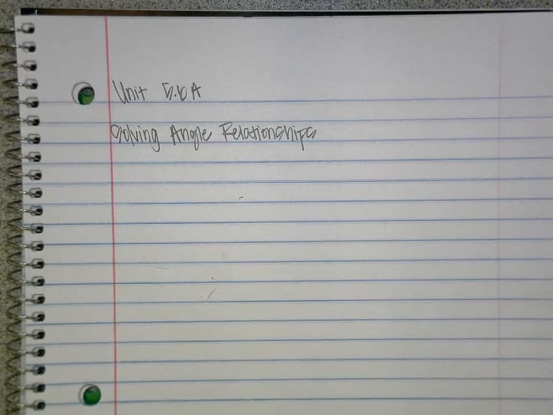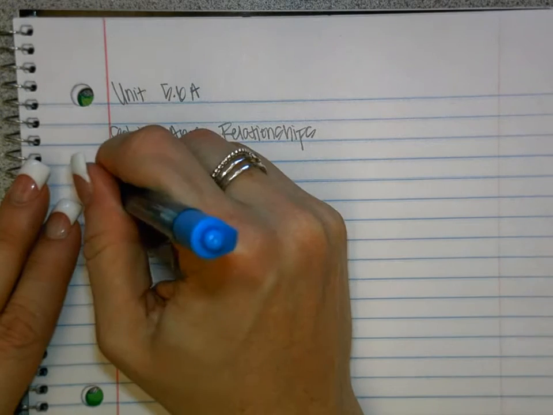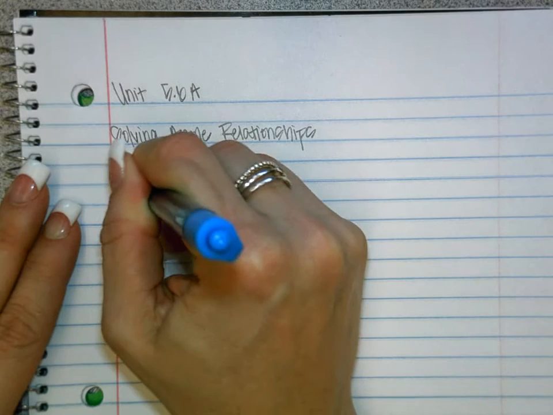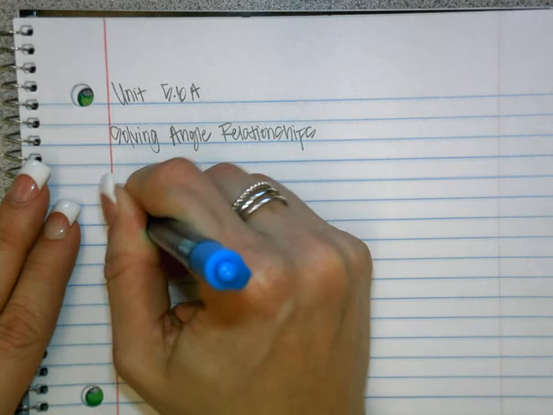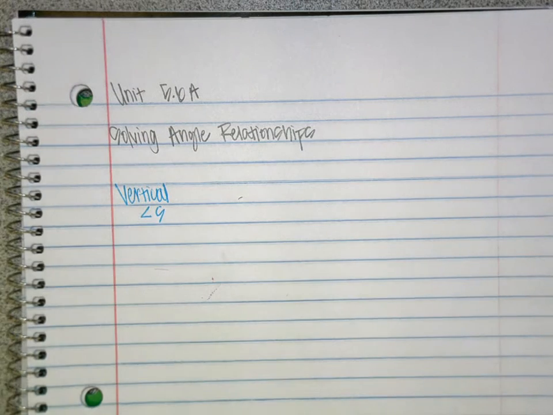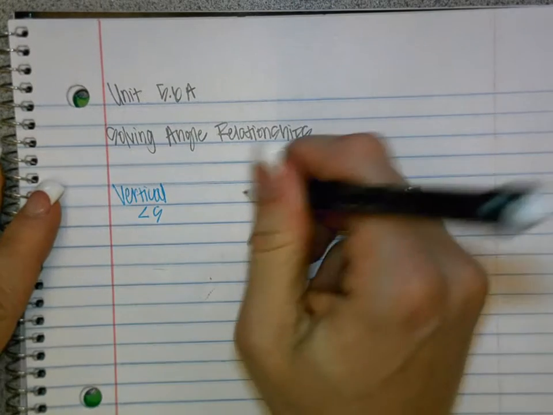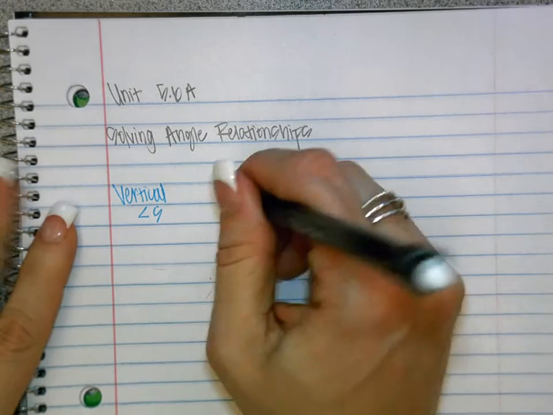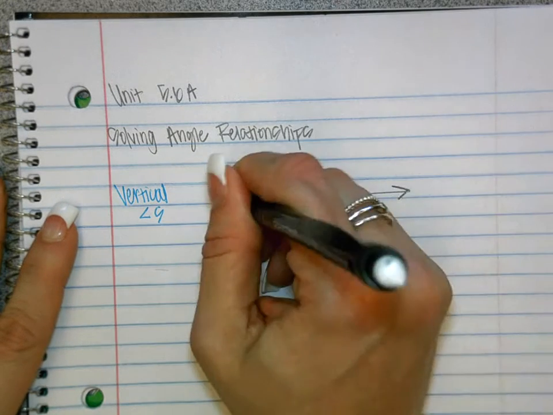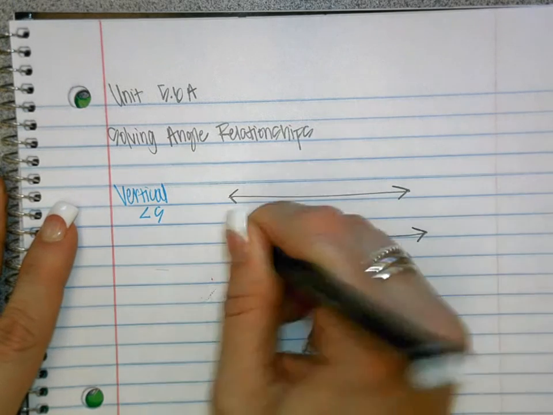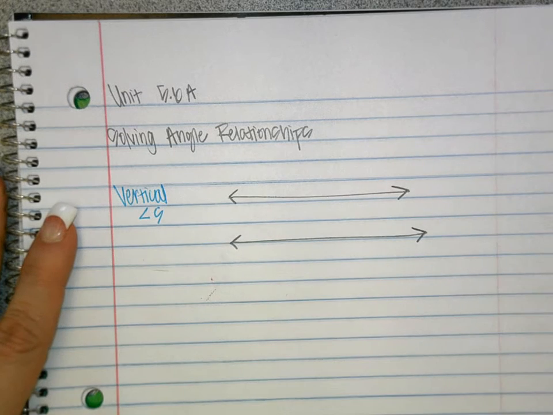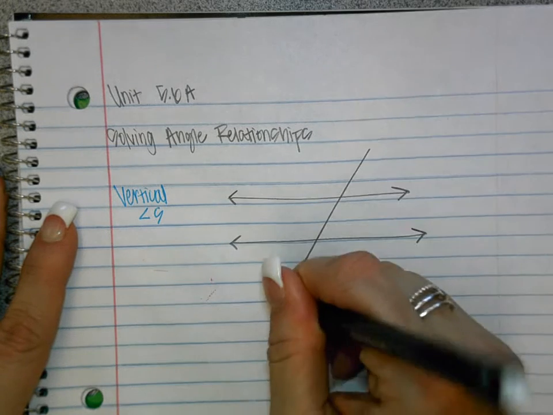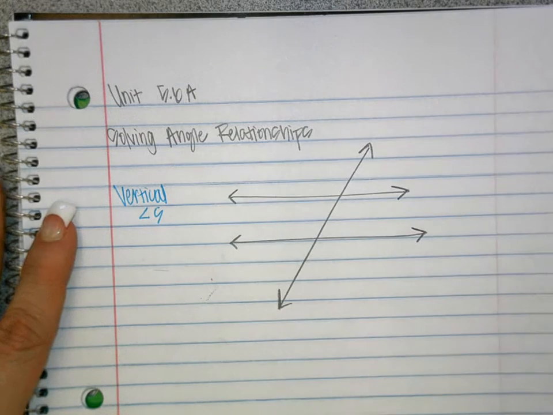But today we're going to work on three different ways. The first one we're going to talk about is something called vertical angles. Vertical angles are when you have two parallel lines, and you have something called a transversal going through these.